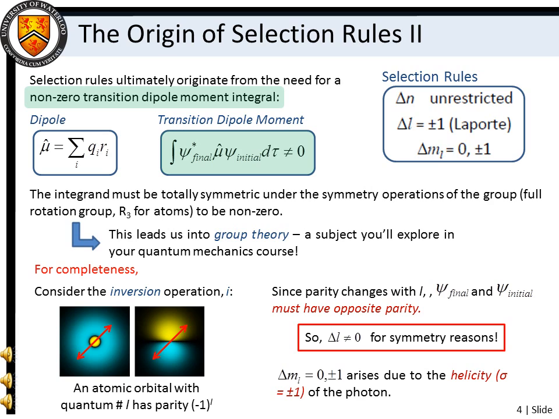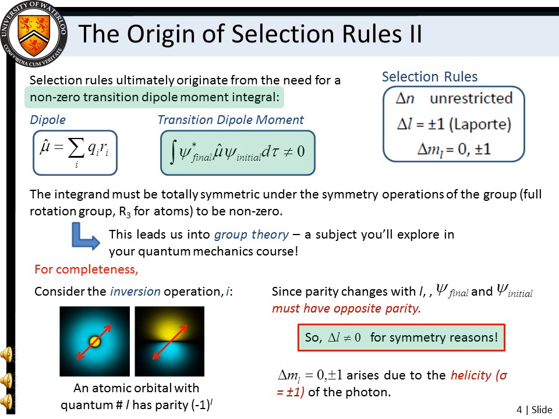A wave function that is unchanged following inversion is termed even parity, while a wave function that is changed is termed odd parity. It is apparent that as we incrementally increase the orbital angular momentum, the wave function parity alternates between even and odd. With this in mind, we can see that delta L equals 0 transitions must be forbidden due to symmetry reasons.